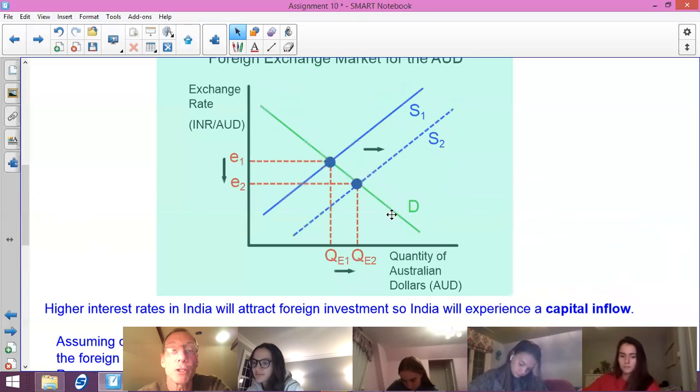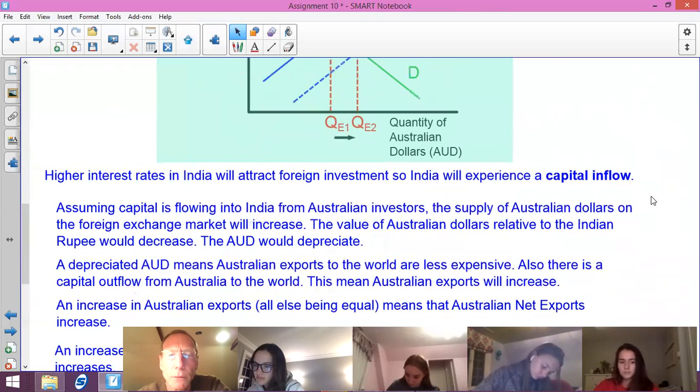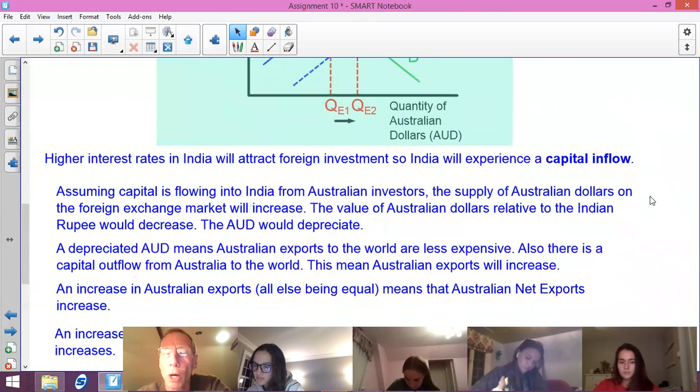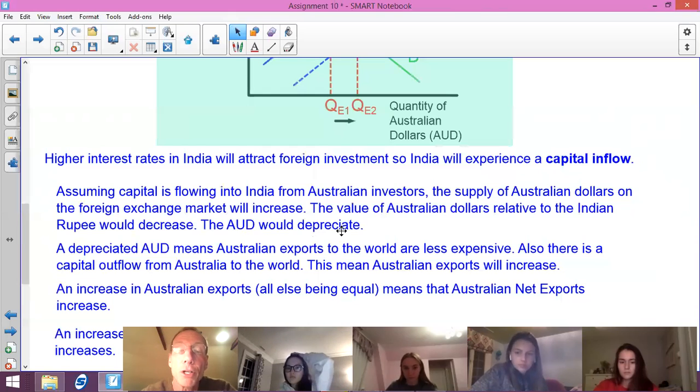That's what that value is. Since the numerator gets smaller, the value goes down. It's just the mathy part of it. So the Australian dollar is going to devalue or depreciate relative to the Indian rupee.